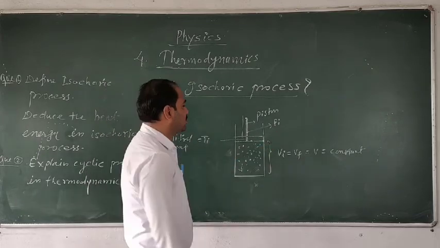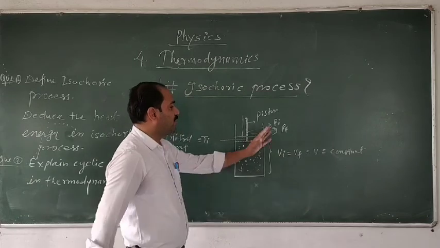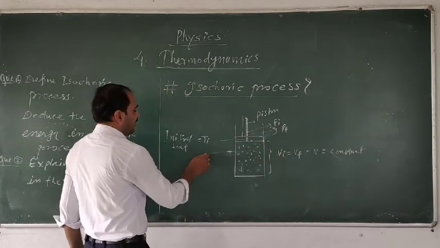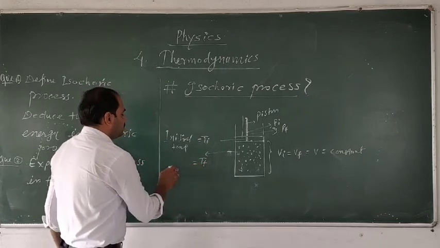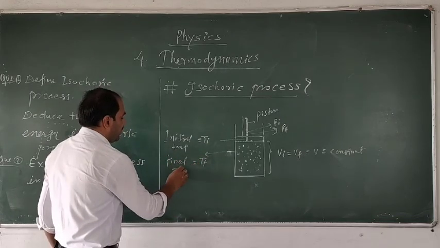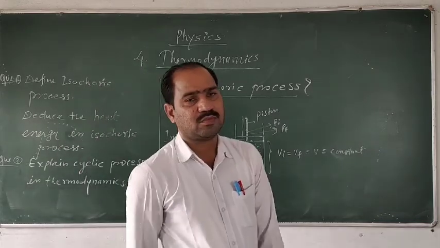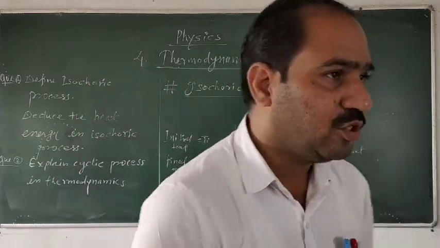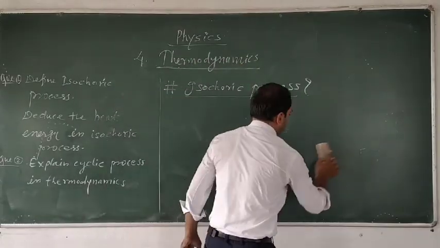Even though there is a change in pressure from Pi to Pf, and temperature from Ti to Tf, the final pressure and final temperature, this process is called the isochoric process. So the graph of the isochoric process can be drawn on the blackboard like this.